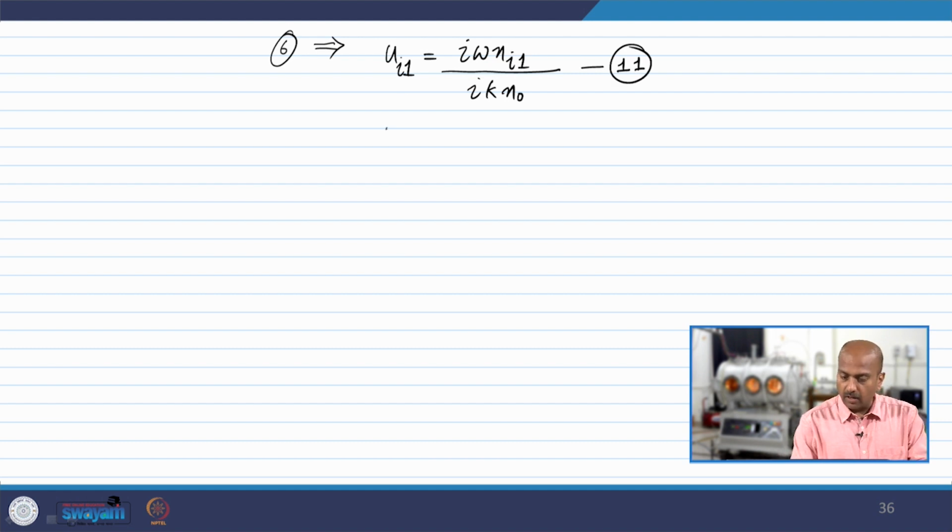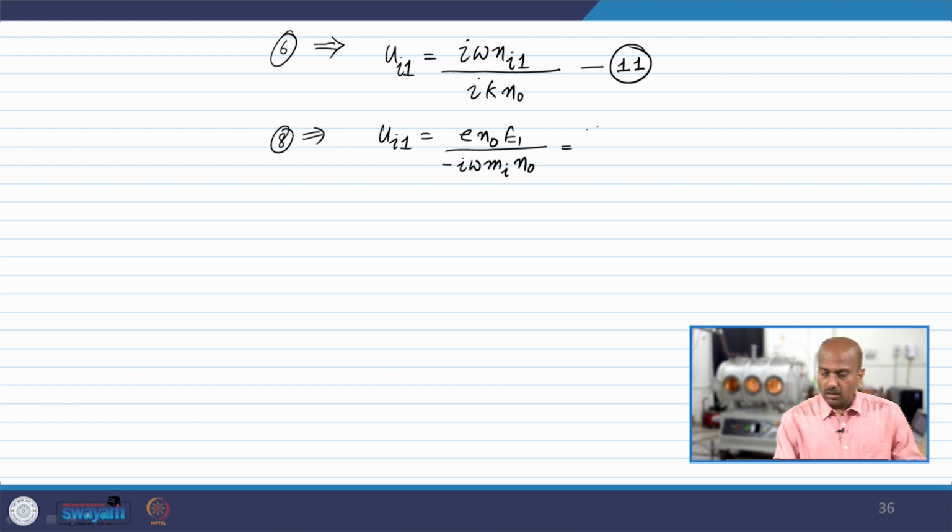Using equation number 8, the perturbed ion velocity u_I1 can be written as e n_0 E_1 divided by (−iω m_I n_0). After cancelling, we have ie E_1 / (m_I ω).